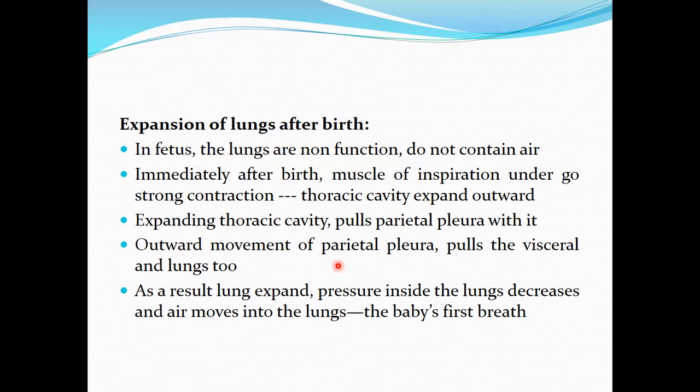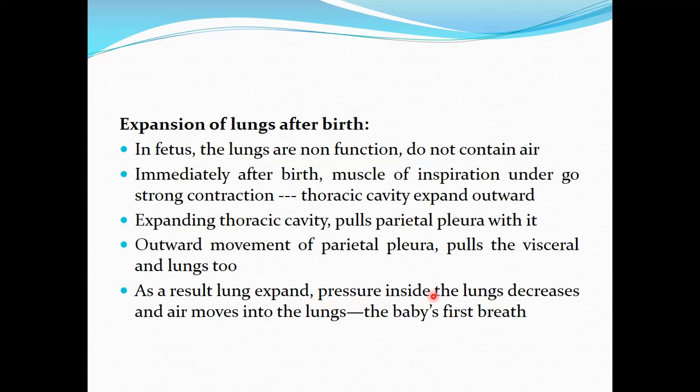So when the parietal pleura moves outward because of the outward movement of the thoracic cavity, it pulls the visceral pleura along with it. And since the visceral pleura lines the outer surface of the lungs, it pulls the lungs along with it. As a result, the outward force causes the expansion of the lungs. As the lung expands, the pressure inside the lungs decreases.